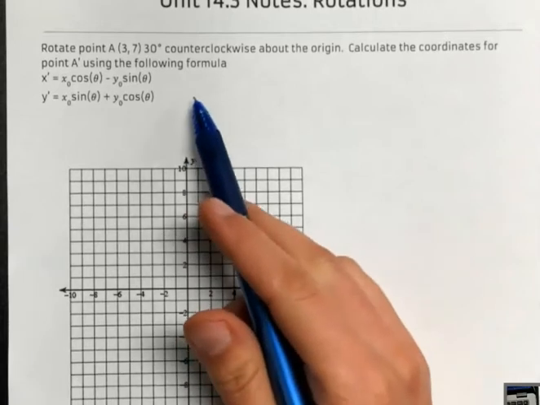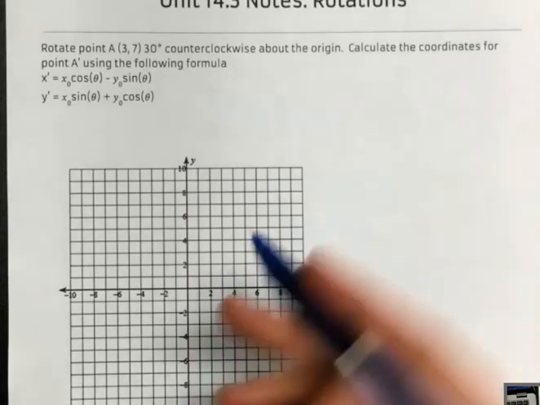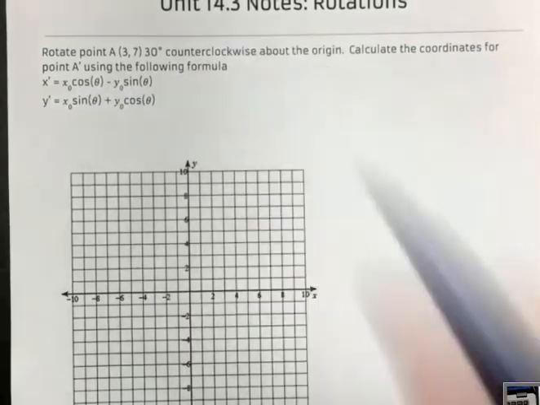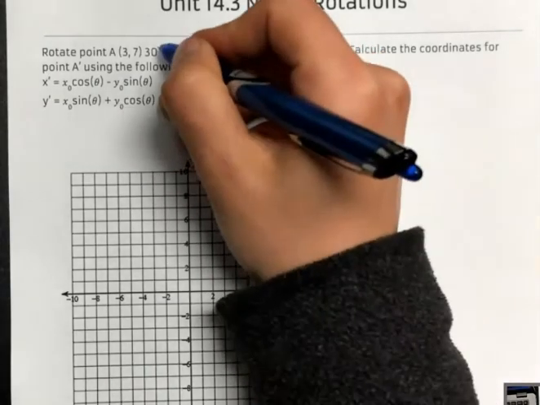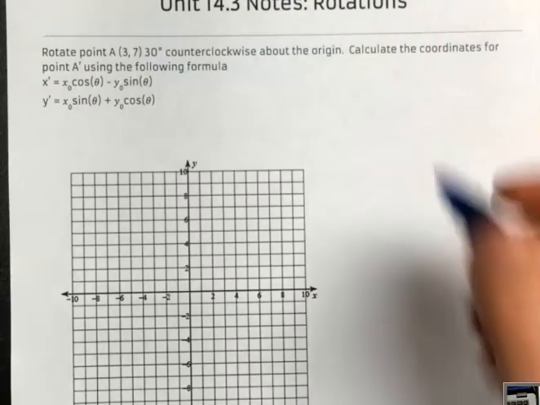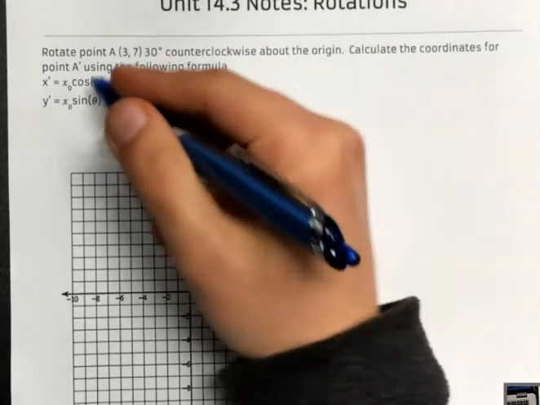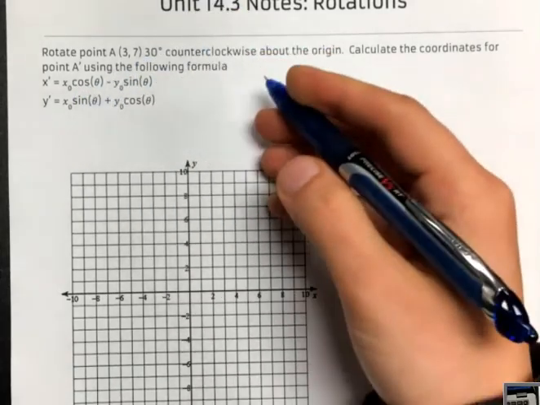Rotate a point A 30 degrees counterclockwise about the origin. So now we're not doing simple 90-degree rotations or 270 degrees or 180 degrees. We're doing a number that's different from that. So we have to do a little bit of math to do that. So all I'm going to do is plug these things in where they go into this formula.